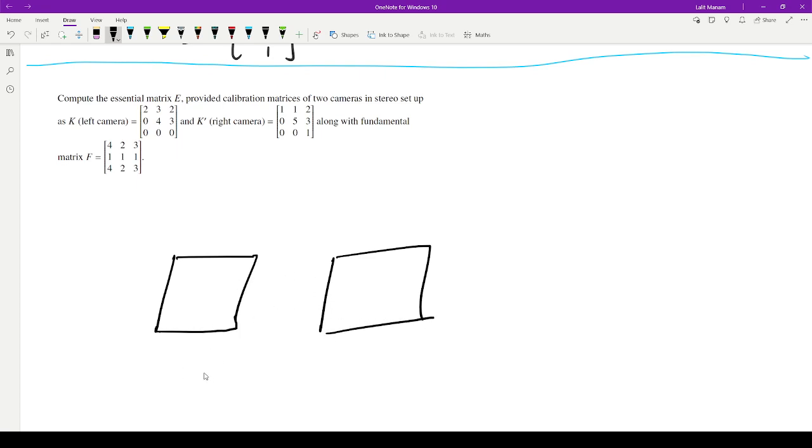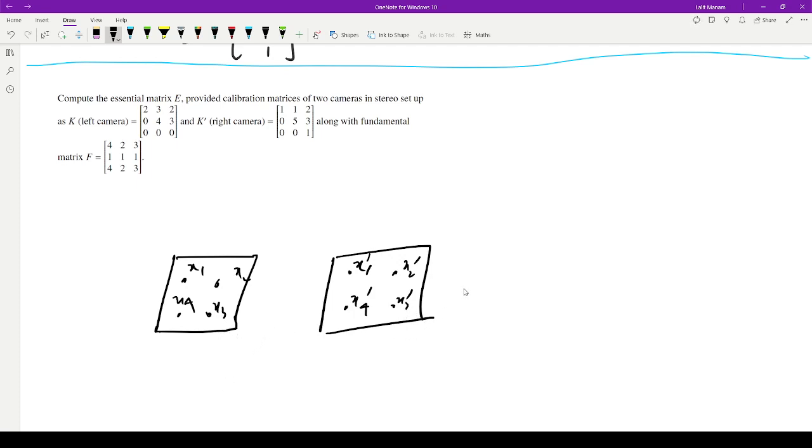So you're given two images, with corresponding points x1, x2, x3, and x4, and their corresponding points here as well, x1 prime, x2 prime, x3 prime, and x4 prime.